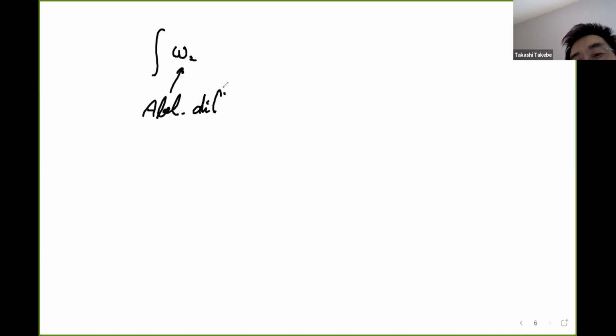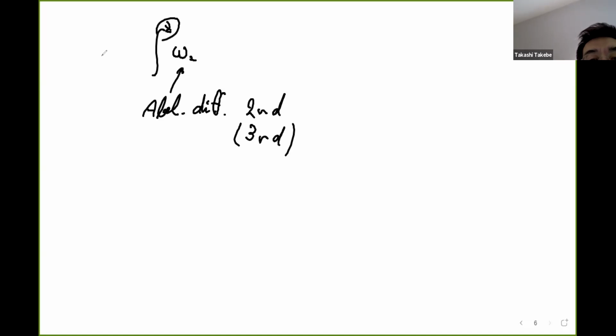Yeah. So actually, it is not a good function because if omega is an abelian differential of the second kind, or actually it can be the third kind, then such a function as a function of z, say u of z, has poles.